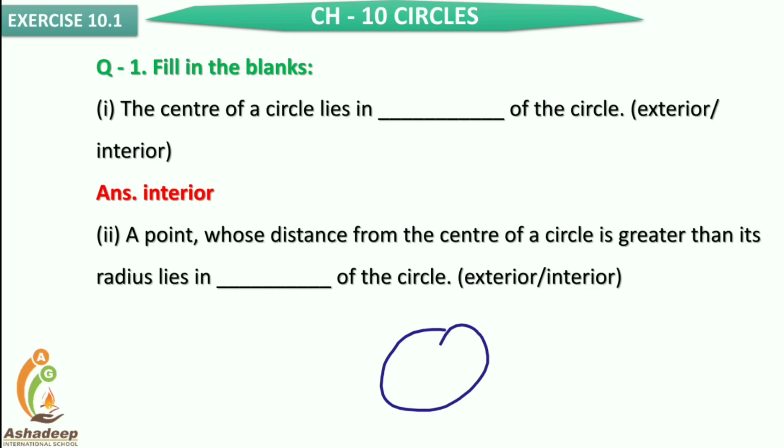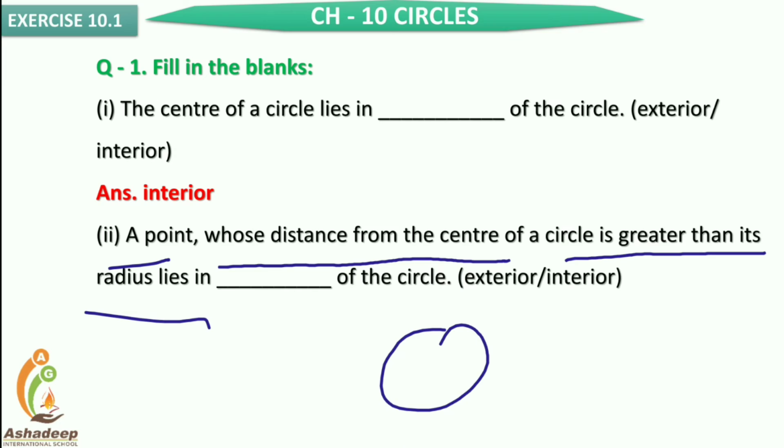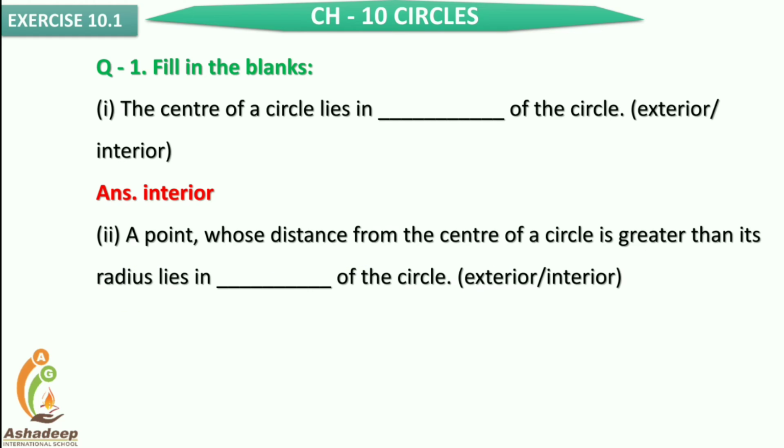A point whose distance from the center of a circle is greater than its radius lies, greater than the radius, so where will it lie? Outside of the circle, exterior of the circle. So the answer is exterior.